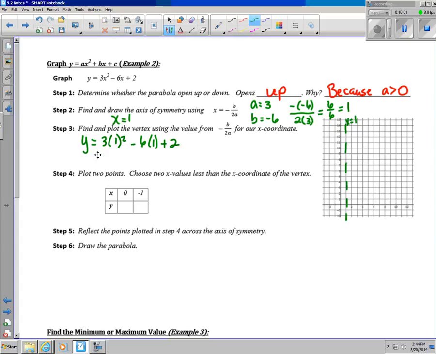Okay, and I end up with 3 minus 6 plus 2. And when I simplify that, 3 minus 6 is negative 3. Negative 3 plus 2 is negative 1. So my vertex is positive 1, negative 1. So I'm going to go to my axis of symmetry, go to positive 1, negative 1, and plot my vertex right there.